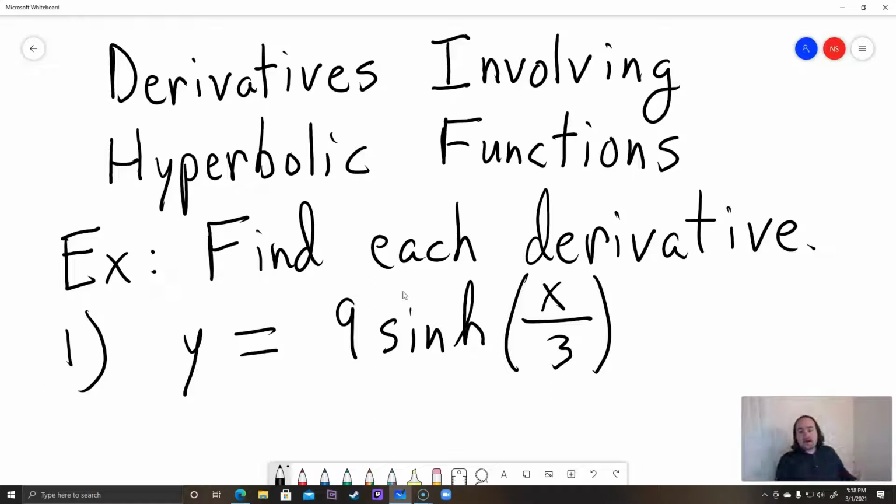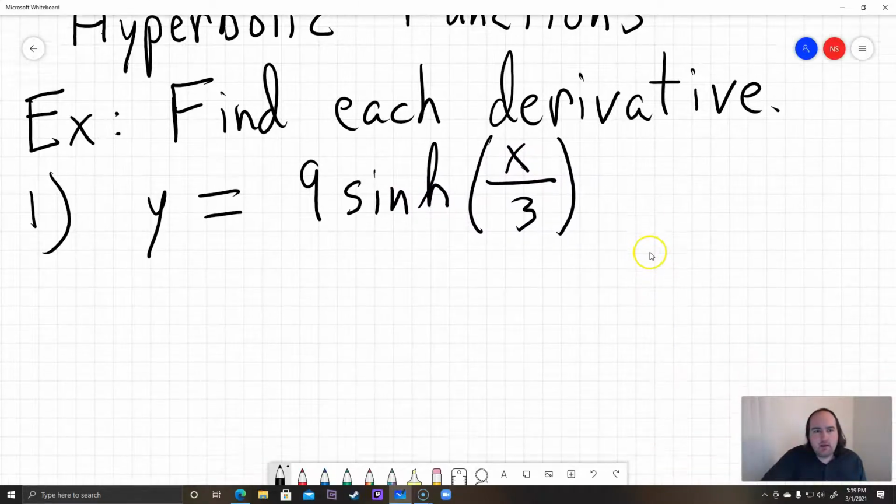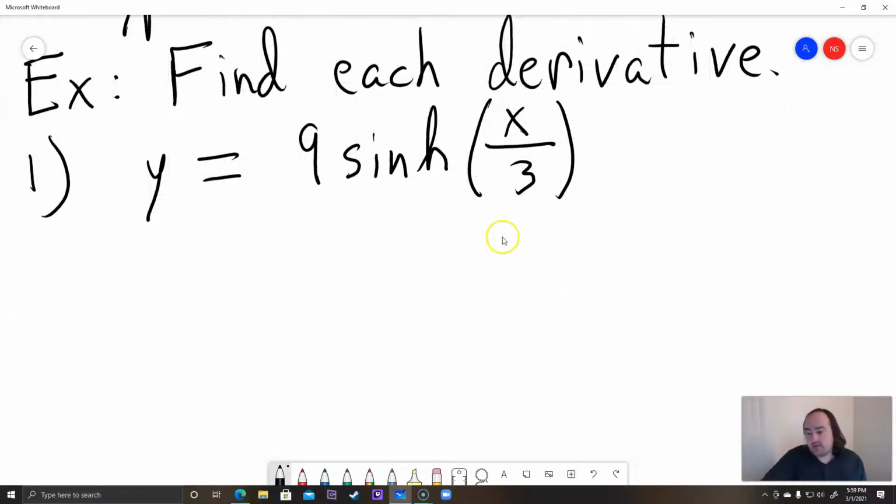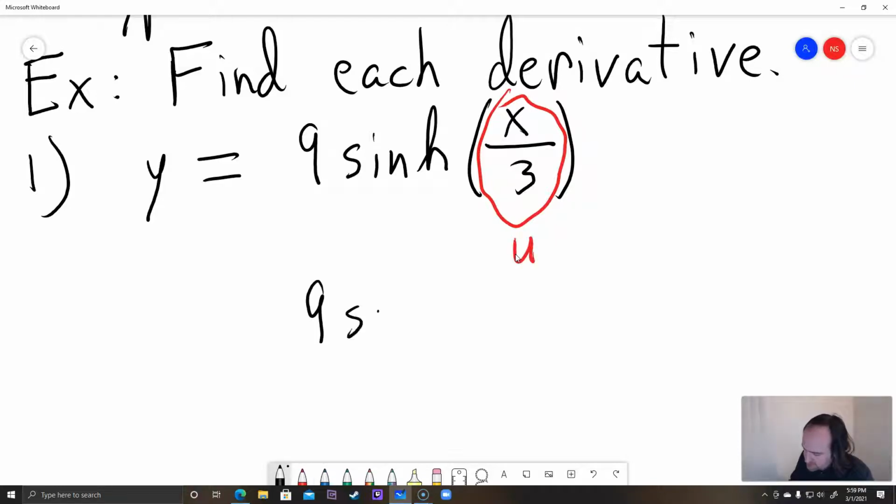All we really have here is a constant times sinh of x over 3, and so we can just call x over 3 u. So for our derivative here, we're really taking the derivative of 9 sinh of u.